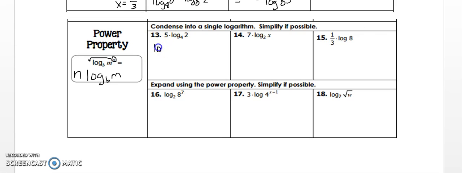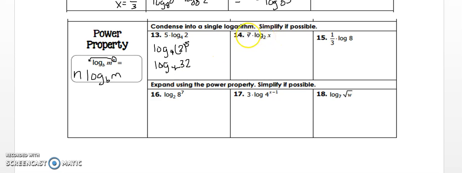So this becomes log base 4 of 2 to the 5th power. So I moved that out. Well, 2 to the 5th power is 25, so no. 2 to the 5th power is 32. 2, 4, 8, 16, 32. It's late. Sorry about that. So this becomes log base 4 of 32.